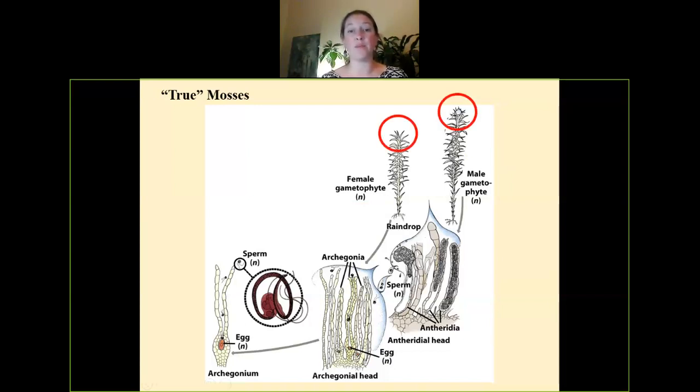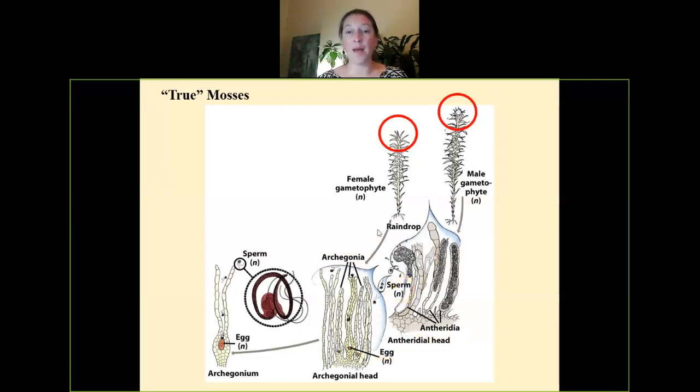On the top of the female gametophyte plant, you're going to find archegonia. And on top of the male gametophyte plant, you're going to find antheridia. Inside of each archegonium will be an egg, and inside of each antheridium will be lots and lots of sperm.